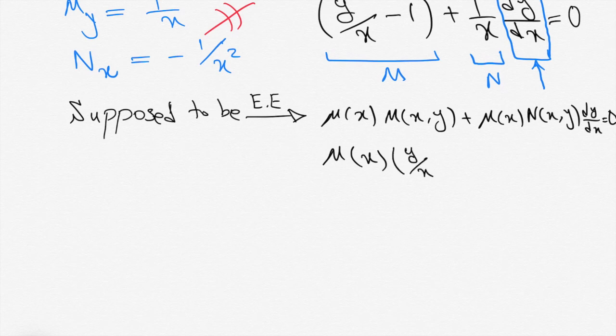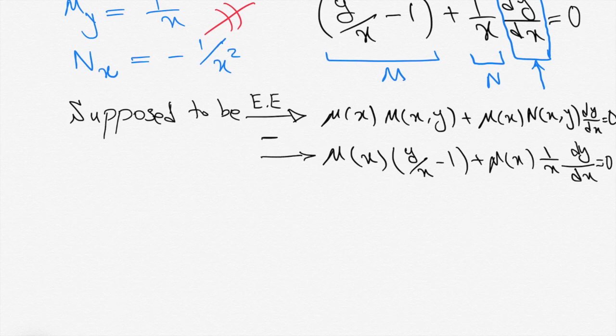I say mu of x, what is m? M is y over x minus 1 plus again mu of x, and n is 1 over x, dy over dx is equal to 0, right?